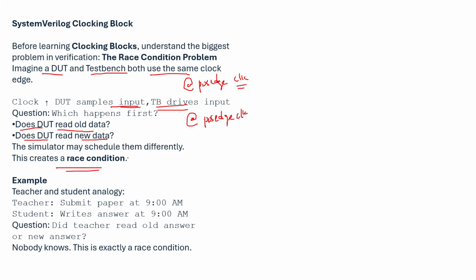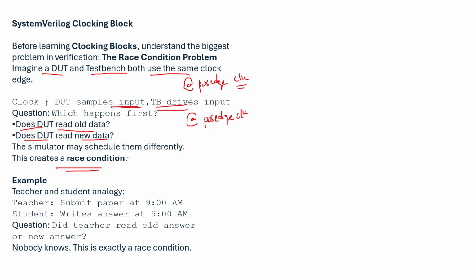At 9 o'clock I am giving the paper and at 12 o'clock I collect it. Then you will write something. If at 9 o'clock I give the paper and at 9 o'clock I ask for the paper, what are you writing? Then a race condition may occur. You will fight with me, right?